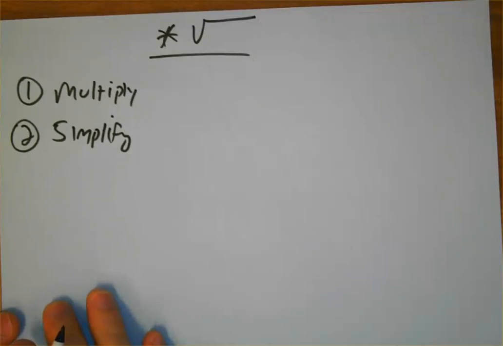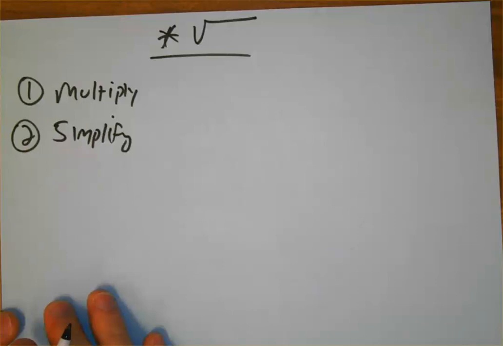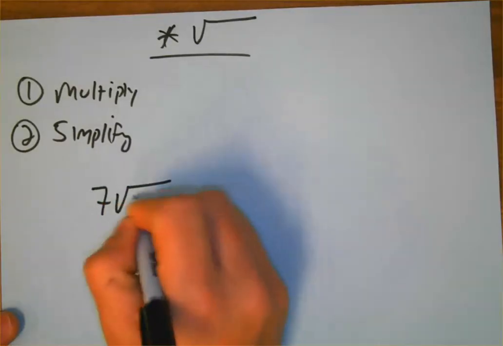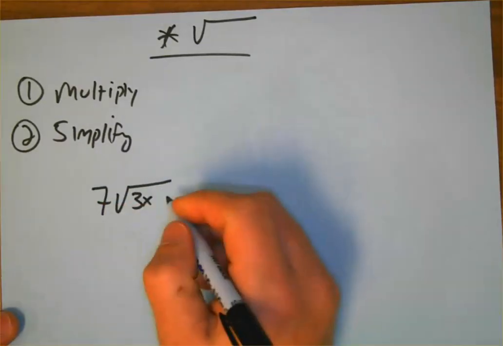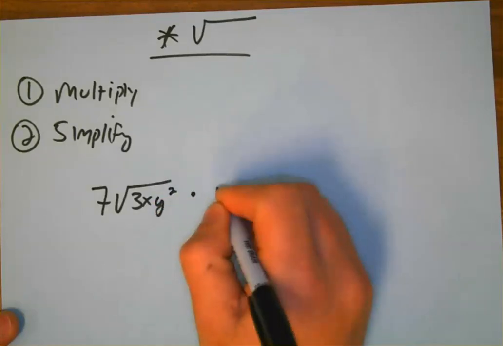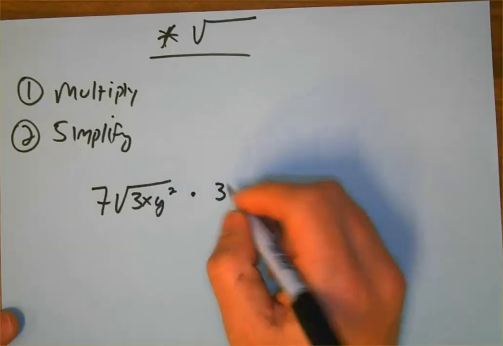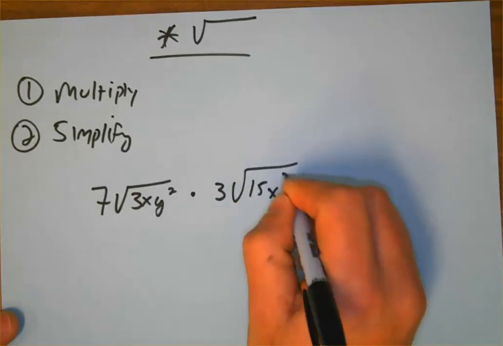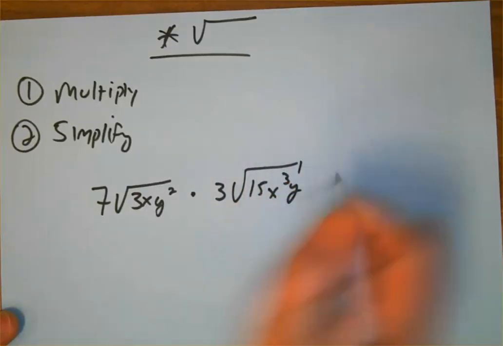So if I take something like 7 times the square root of 3x y squared, times 3 times the square root of 15 x squared or cubed y. Step one, multiply.